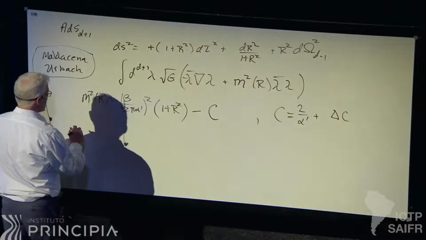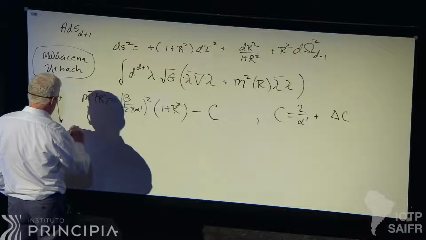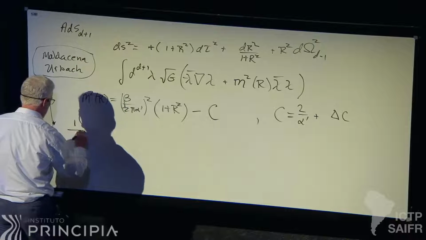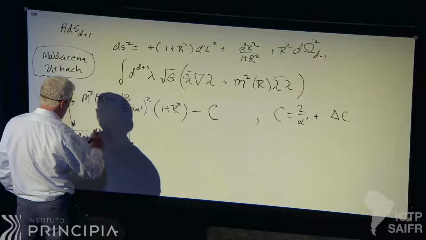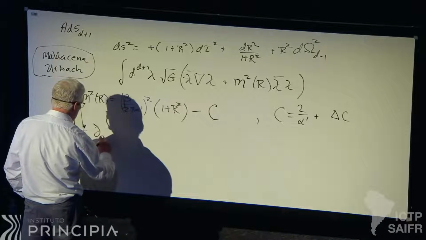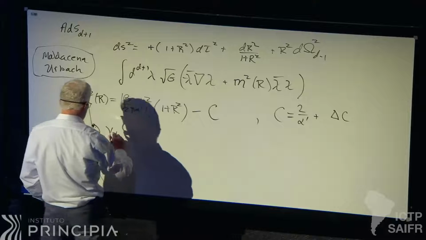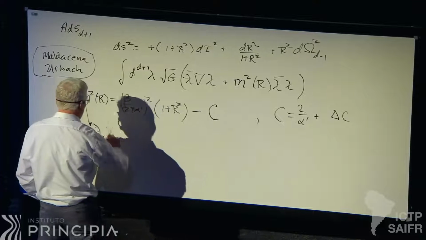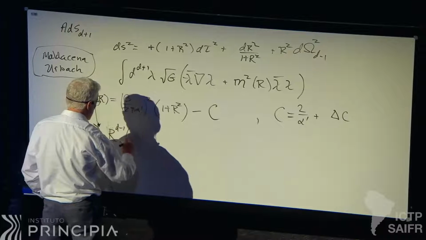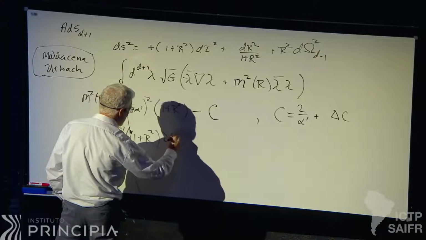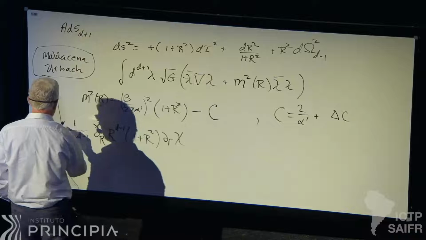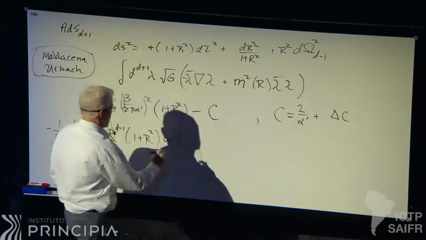And what I find then is that if I solve for this, I'm going to have the following equation. I'm going to have 1 over r to the d minus 1 times dr of r to the d minus 1 times 1 plus r squared, dr of chi with a minus, and let me put a half in front of it.